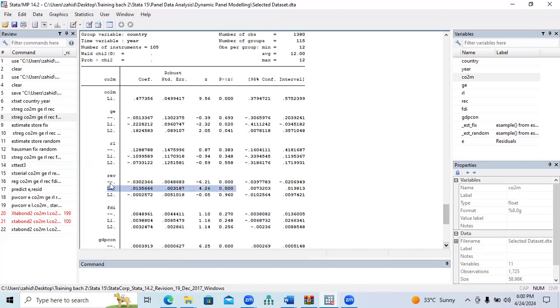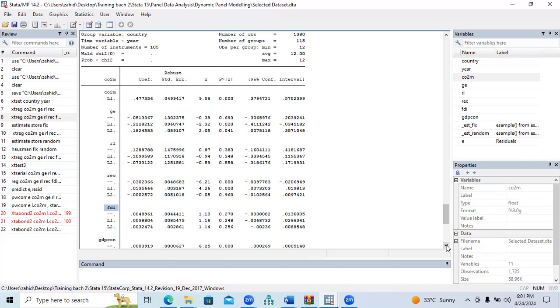So we should consider, if our hypothesis supports the current value, we should consider the current value. If our hypothesis supports the first lag value as a positive value, we should consider the first lag value. Then FDI, foreign direct investment. If you see here, foreign direct investment is not significant here at any level or any lag value.